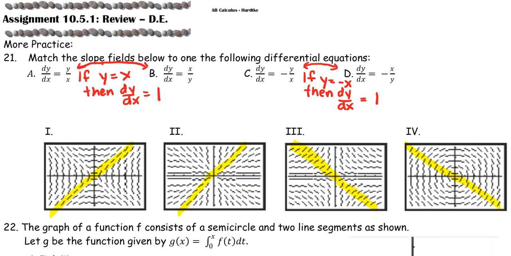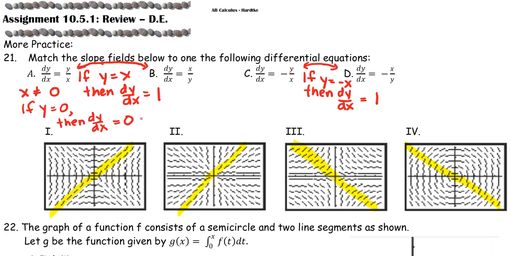So now what else can we narrow down here? If we look at A, we can see that x cannot be equal to 0, so our slopes would get vertical as we get close to x equals 0. And if y is equal to 0, then dy dx is equal to 0.